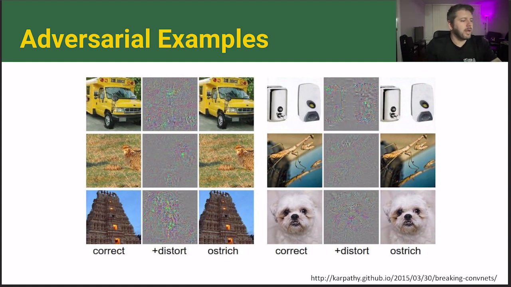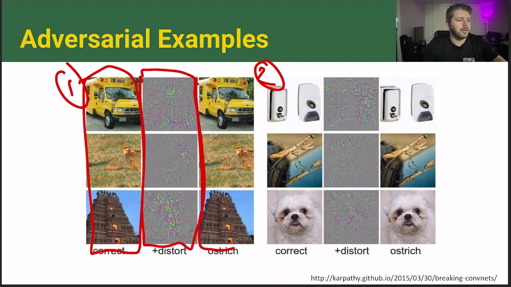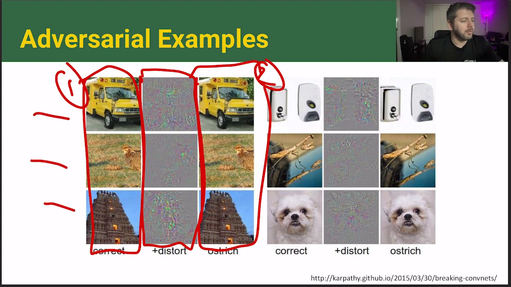So what we have here is two cases, 1, 2, where we take the first 3 inputs, we add a layer of distortion, and then we ask the model, okay, predict for us again what are the classes here. So we have school bus, we have this bird, and then this temple. We add these 3 different layers of distortion, and then the model now thinks all of these are an ostrich.